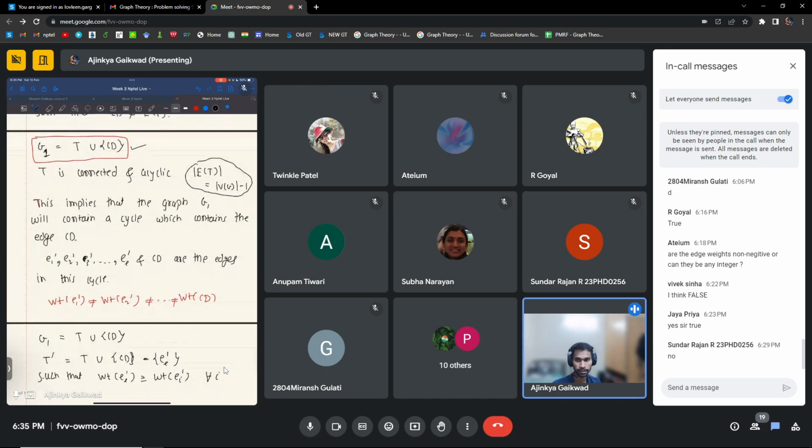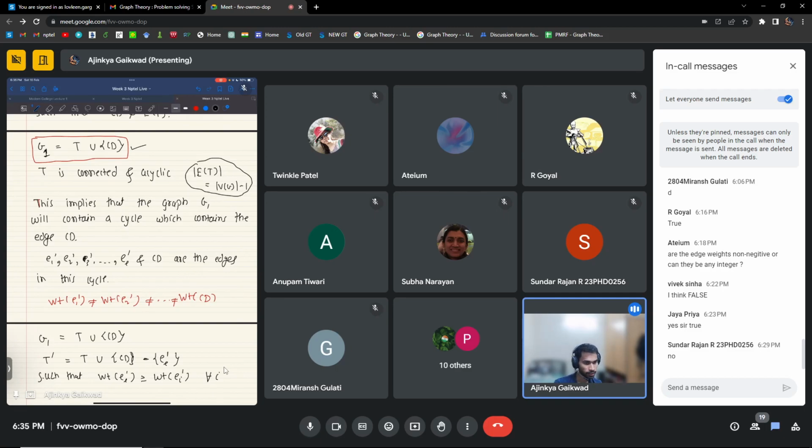So what I did is this. Let's parse this. I took a cycle in the graph G1, and the graph G1 is T union CD. In this cycle, I assume there are edges E1 prime, E2 prime, E3 prime, there could be anything, EL prime, and there is an edge CD.